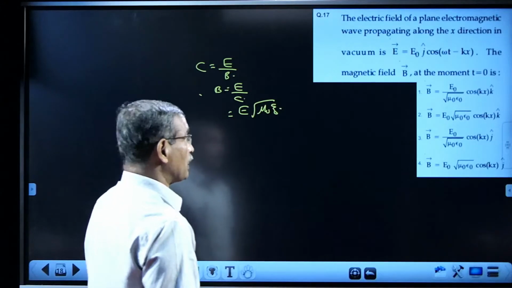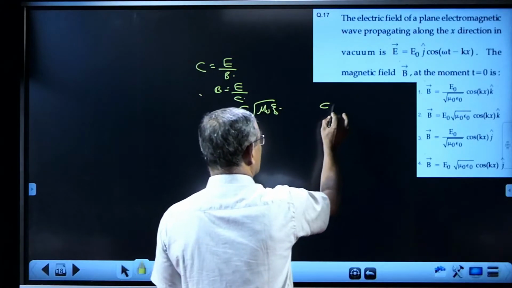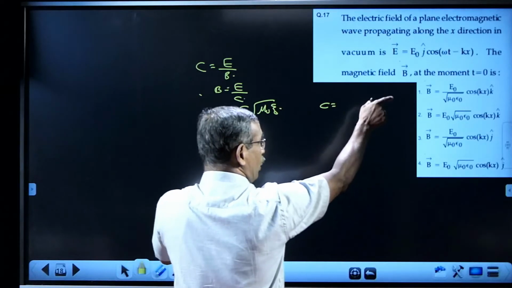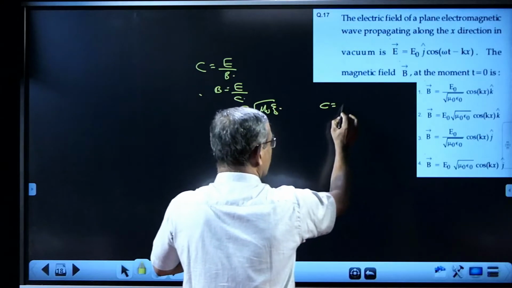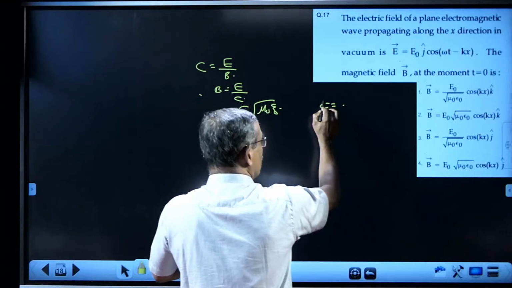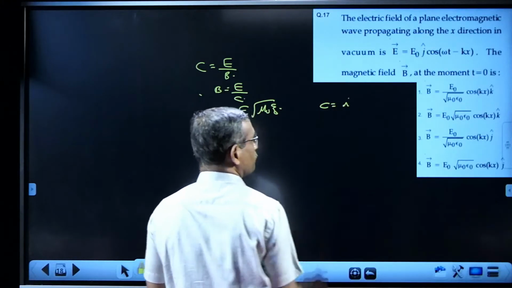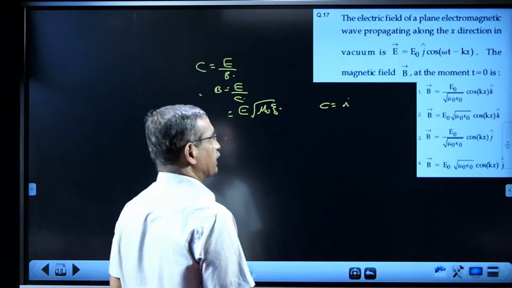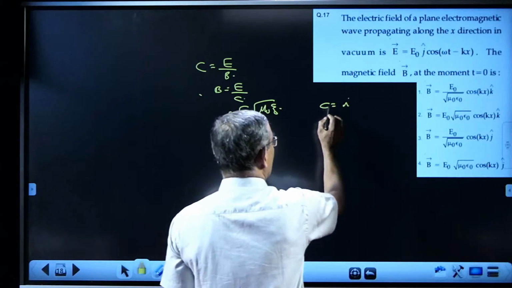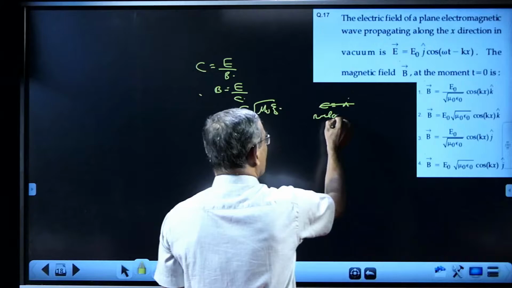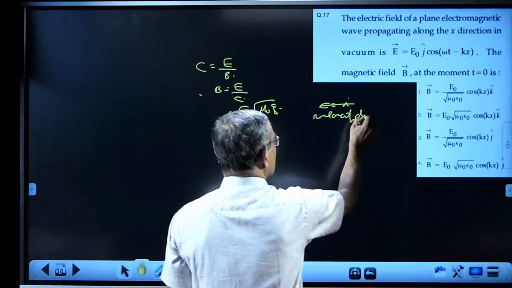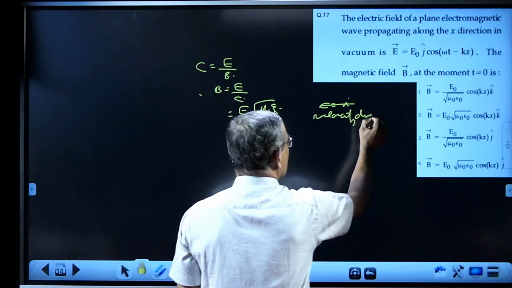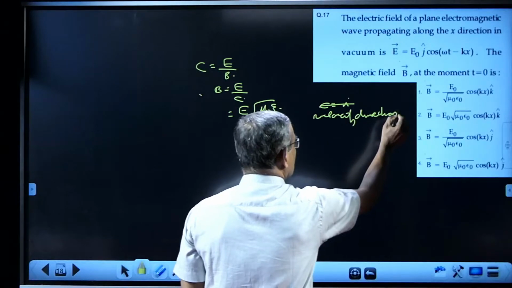The electric field and wave are propagating. The unit vector of velocity is i, the positive x direction. The wave's velocity direction is plus i.